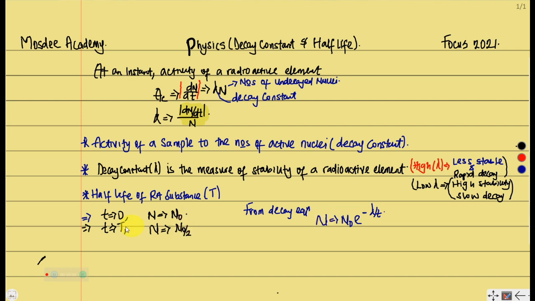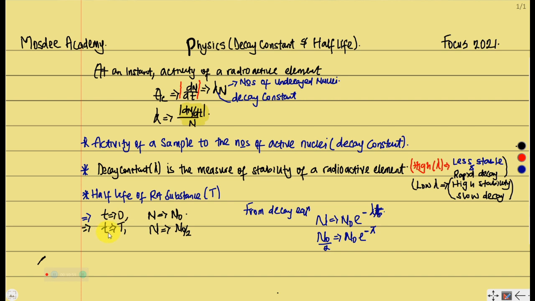So we substitute. At that point, N is now N naught by 2. So N naught by 2 is equal to N naught e raised to the power negative lambda t. I said lambda by t, it is lambda t, sorry for that.